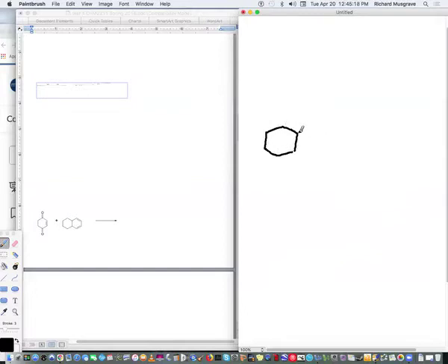I think I might have done this one before, but I'm going to do it again anyway, just for kicks. All right, so this arrow here, I guess I could draw it a little bit better.